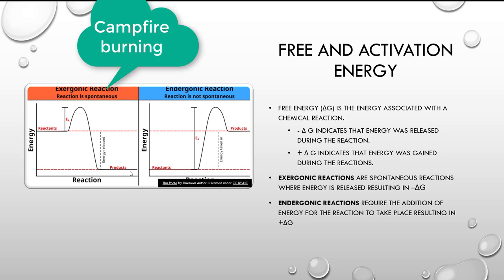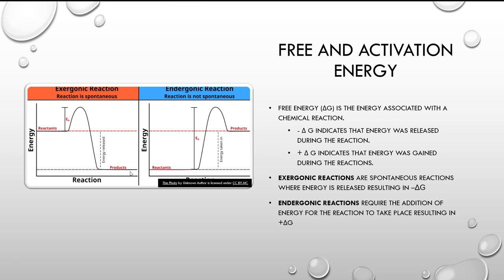An example of that type of reaction from the video we saw was a fire burning, like a campfire. Logs, trees, are basically just a bunch of carbon, and you ignite them, and it's just burning a bunch of carbon. Once that happens, you don't have to keep adding energy to keep the fire going.